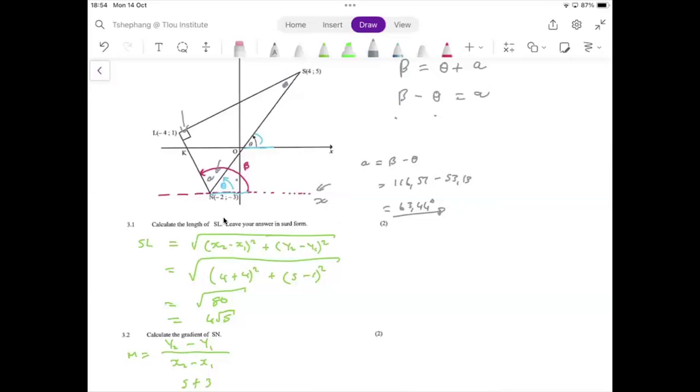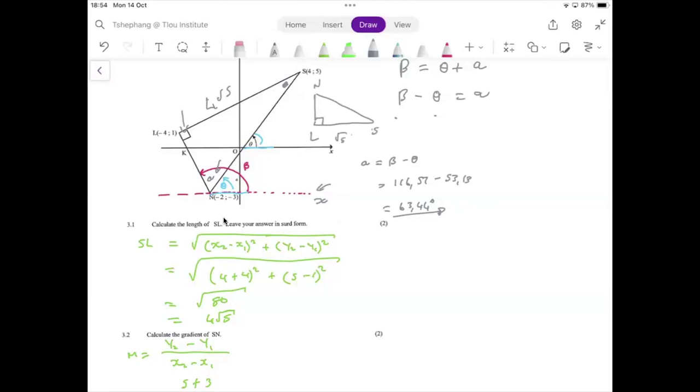Alternatively, you can use trig ratios because you did calculate SL, which gave you 4√5. Then you can also calculate the distance SN, because you have all those points. Once you have that, you have a triangle that would look like this, with 90 degrees at N, L here, and S here.